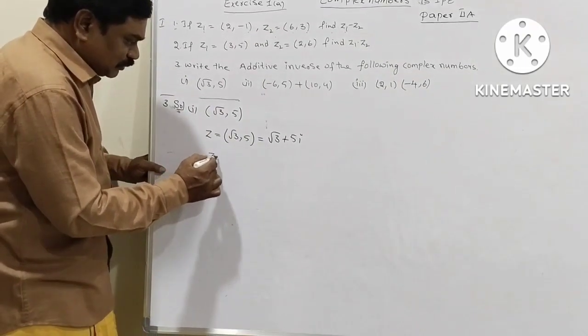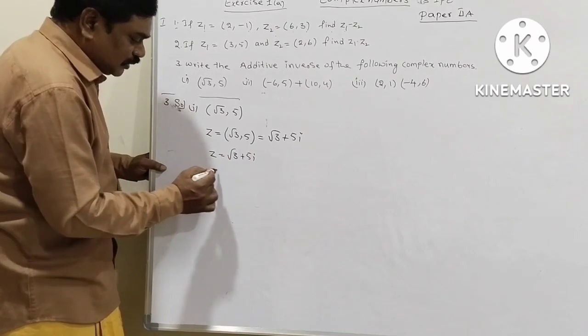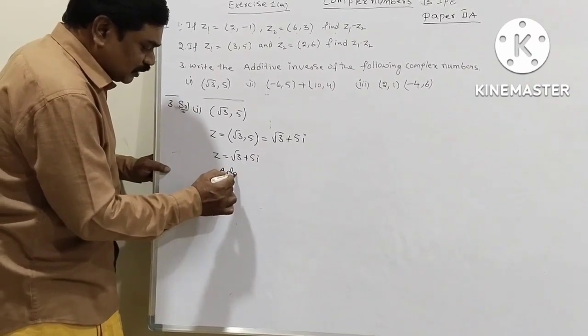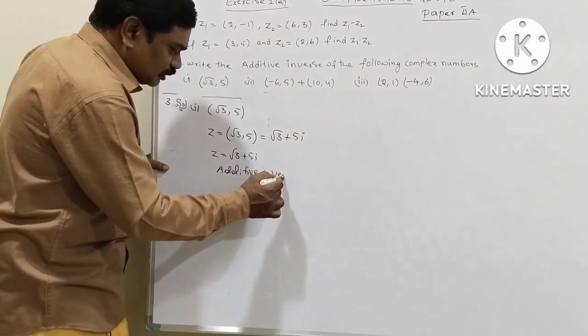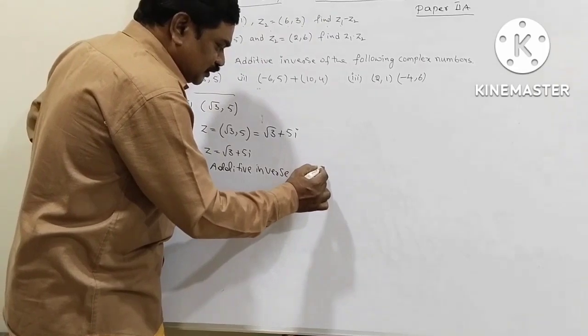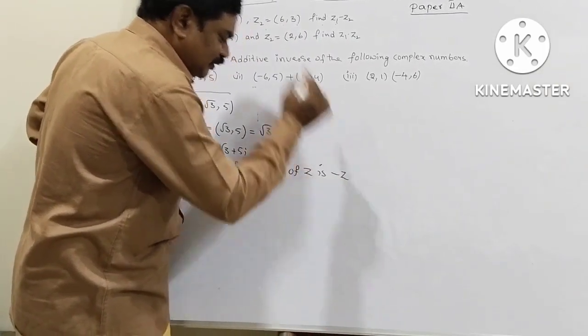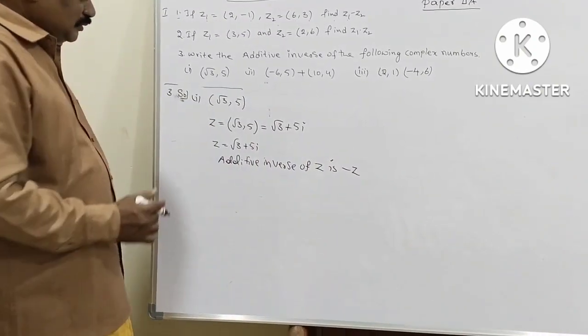So z is equal to root 3 plus 5i, and the additive inverse of z is minus z.